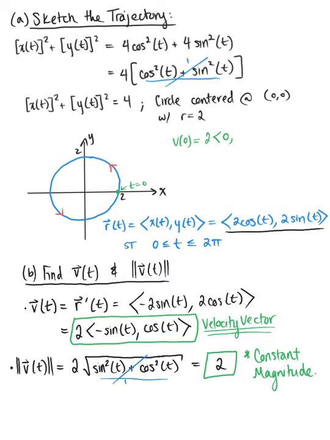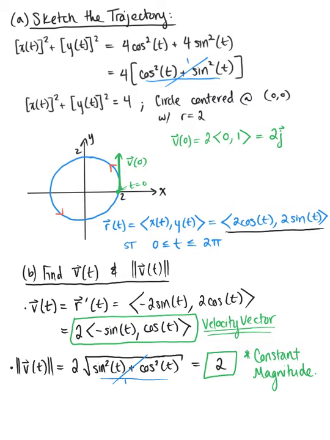Cosine of 0 is 1. So hey, that's a unit vector pointing in the positive y direction, multiplied by that scalar multiple of 2. So think of our velocity vector here, we'll use green. So it's pointing up in the positive y direction. So this is the velocity vector, and shame on me for forgetting my hat. That's the velocity vector where t is 0.